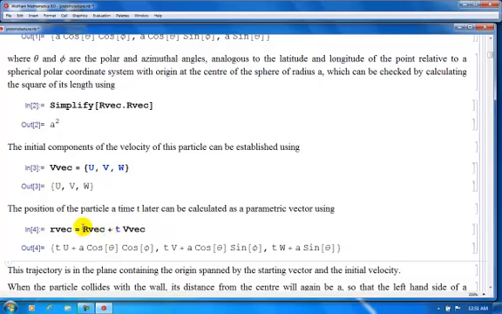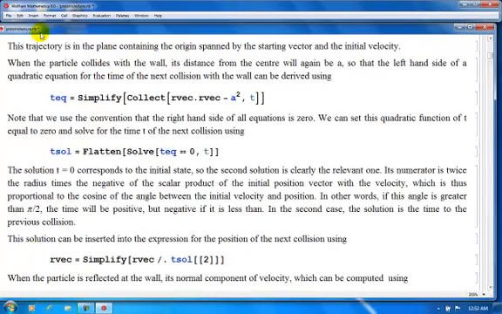We can see that this vector r is a linear combination of the radius vector from the origin and the velocity vector, so it lies in the plane spanned by those two vectors. When the particle collides with the wall, its distance from the centre will again be a, so a quadratic equation for the time of the next collision with the wall can be derived using this.